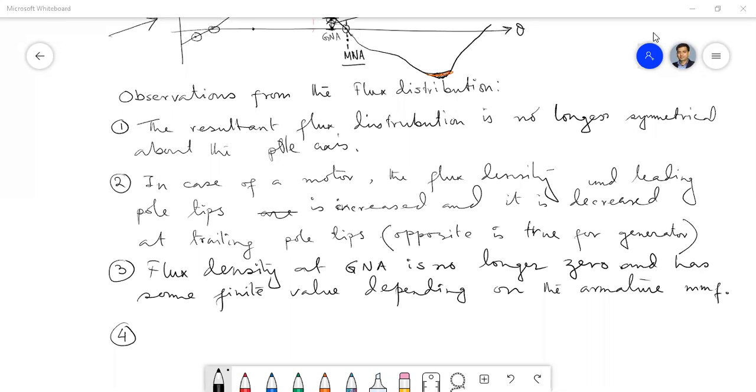Correct, you have pointed out correctly. That means MNA is the point where the flux passes the 0 value, or the flux density has the 0 value. So here MNA is this, the magnetic neutral axis.